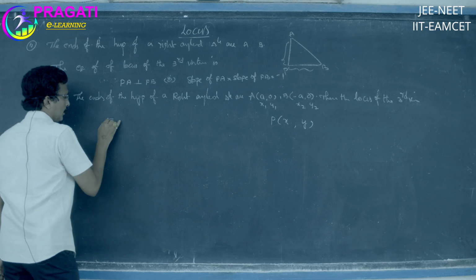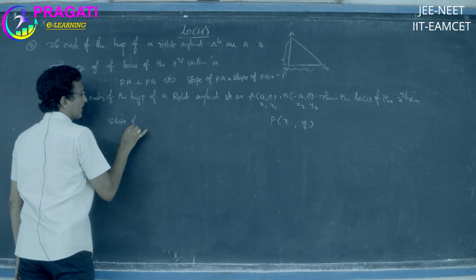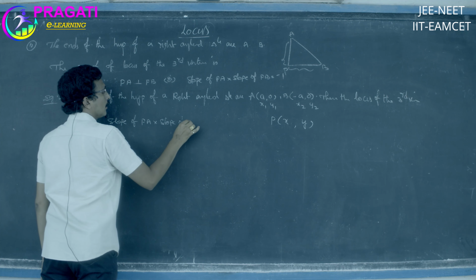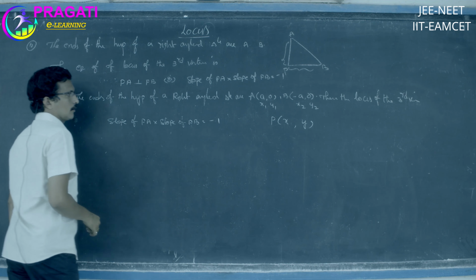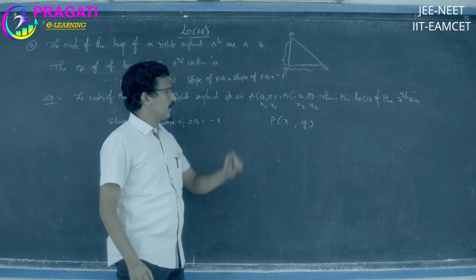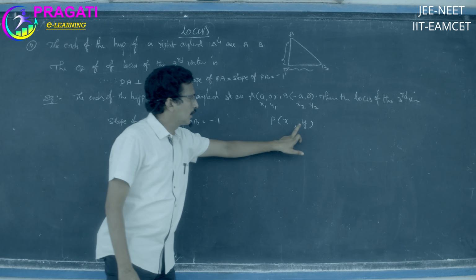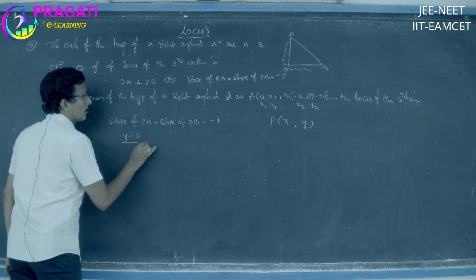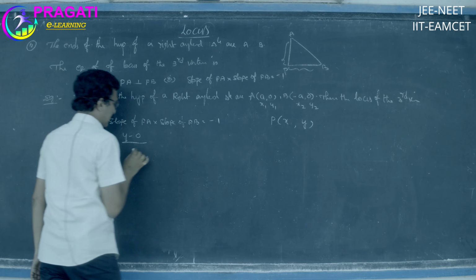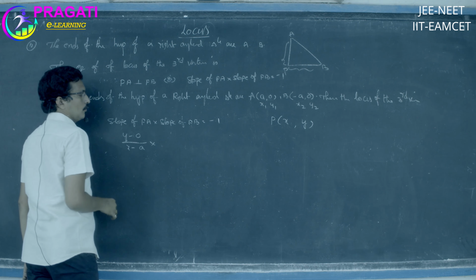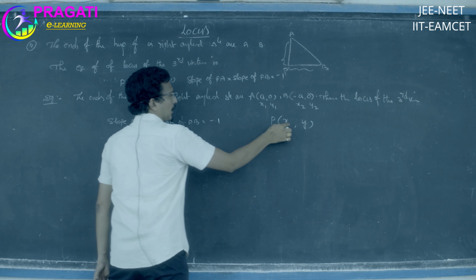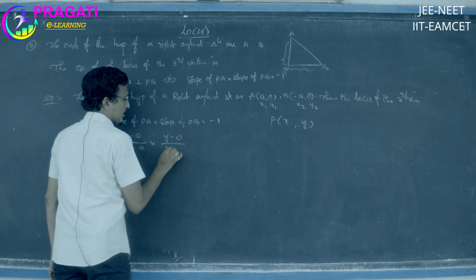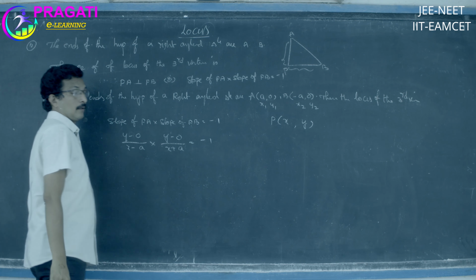Okay, now slope of PA into slope of PB is equal to minus 1. Here the slope formula of two points is y2 minus y1 by x2 minus x1, into slope of PB, similarly y2 minus y1 by x2 minus x1, is equal to minus 1.